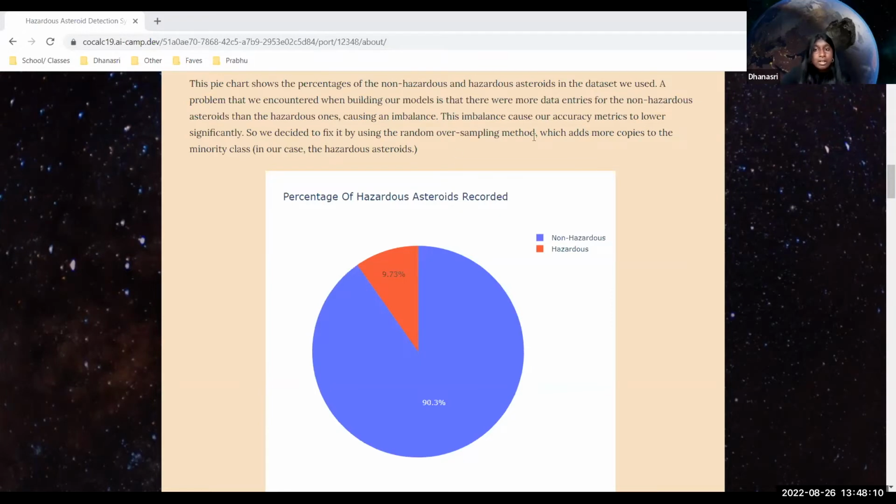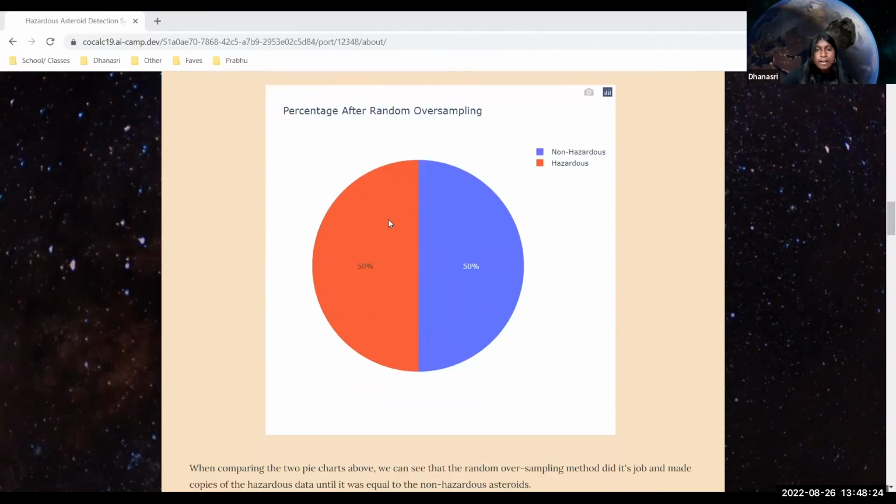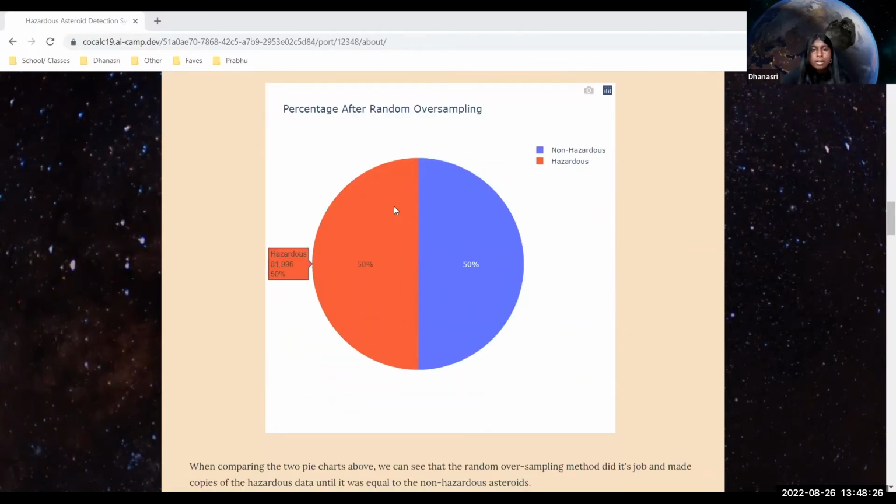This imbalance caused our accuracy metrics to lower significantly to 50 to 60%. So we decided to fix it by using the random oversampling method, which adds more copies to the minority class. In our case, that would be the hazardous asteroids. And as you can see, after doing random oversampling, the number of non-hazardous and hazardous entries are exactly the same, 50-50.